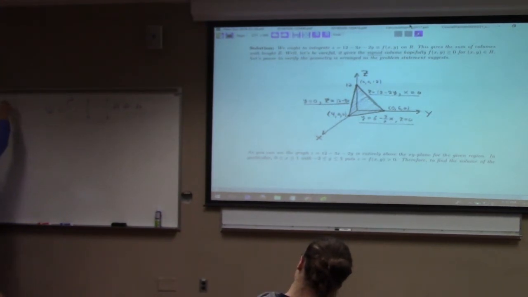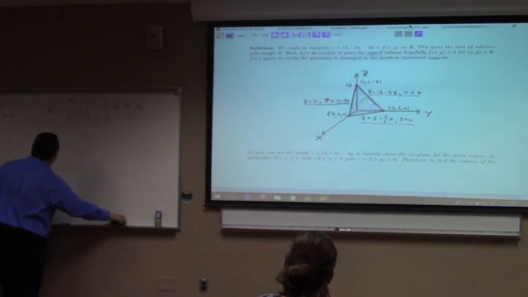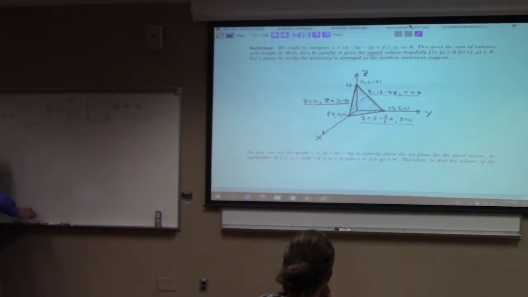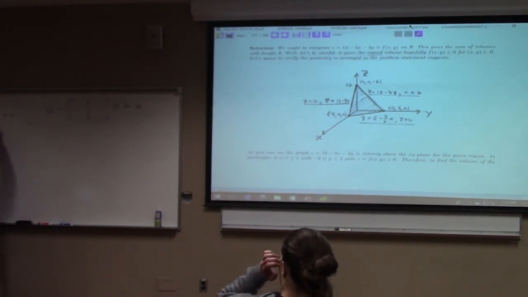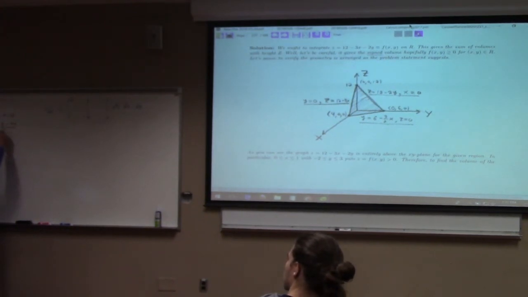Or what was it? Oh, 3x plus 2y plus z equal to 12? Okay. So to solve for y, I get y is equal to 12 minus z minus 3x, divided by 2, right?